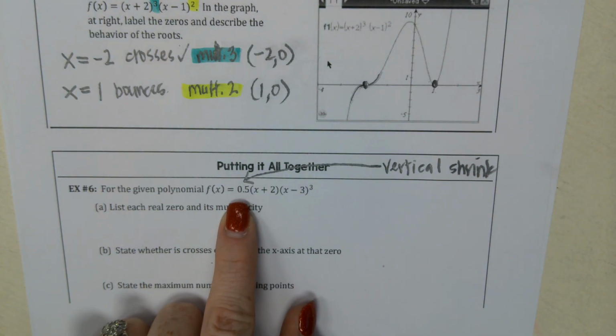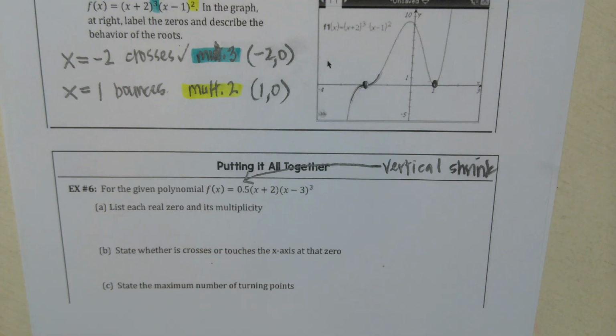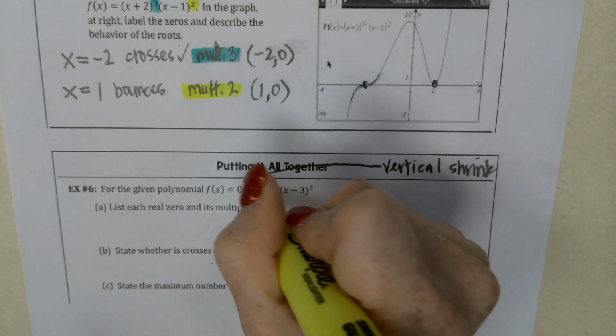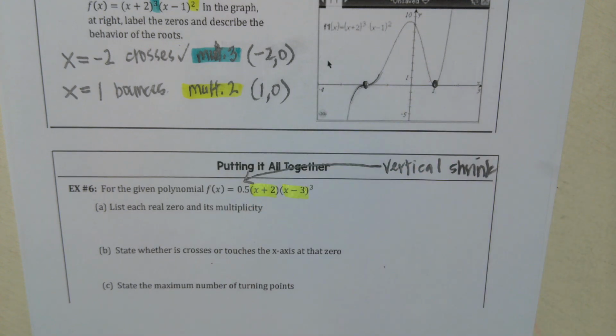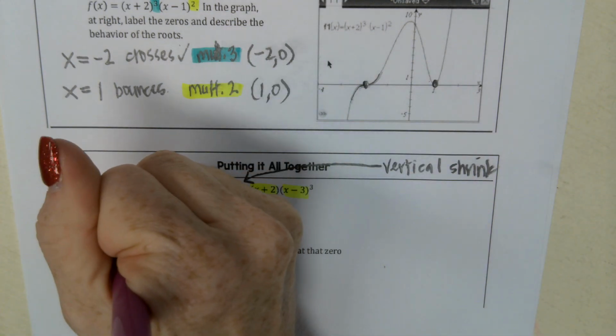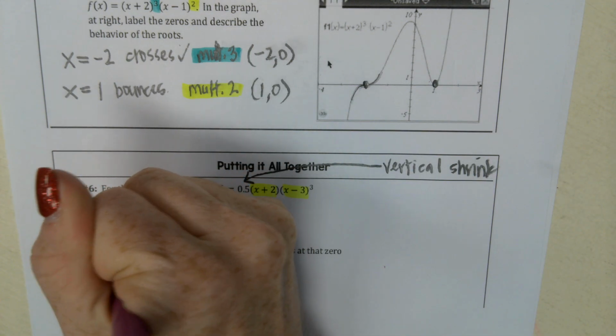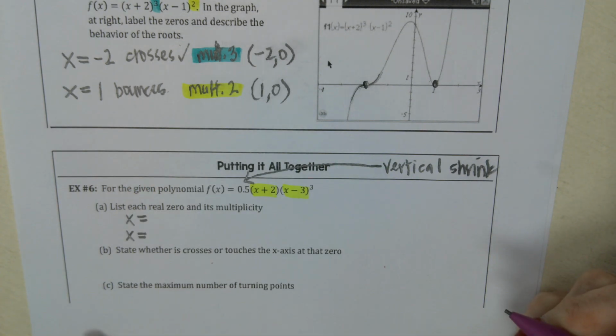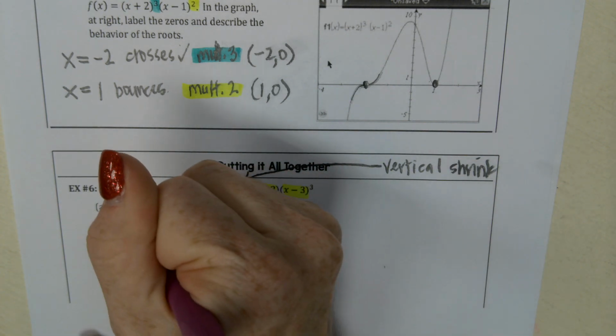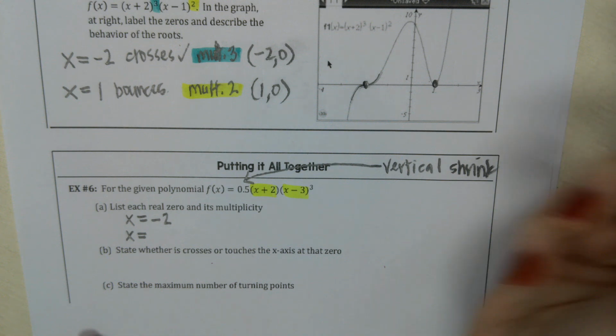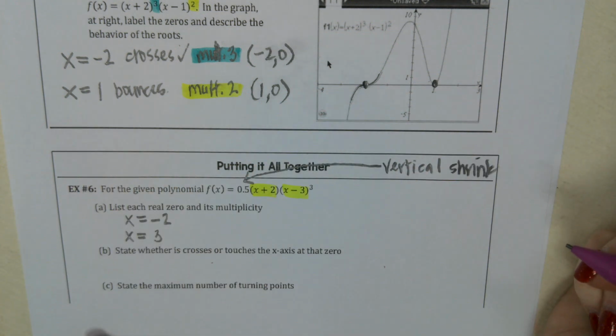That doesn't have anything to do with a 0. But anything that has an x does. Okay? So there are 2 zeros here. What are they? Negative 2 and positive 3.